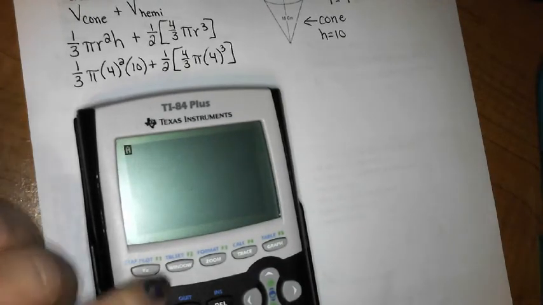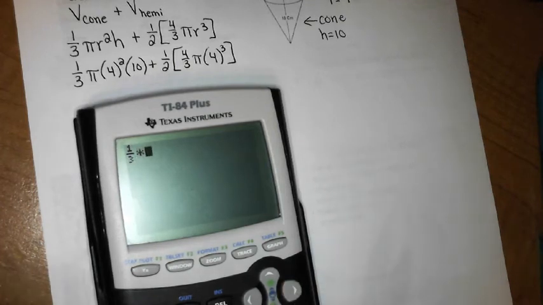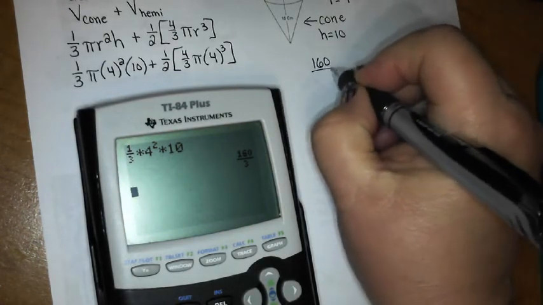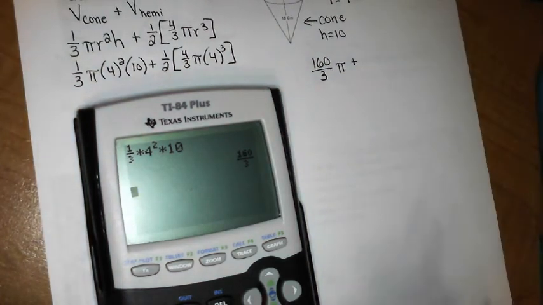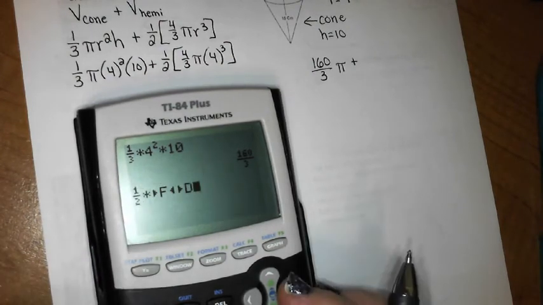All right, I'm going to do 1/3 times 4 squared times 10. That's going to give me 160 over 3 times pi, plus the second one, the hemisphere, 1/2 times 4/3.